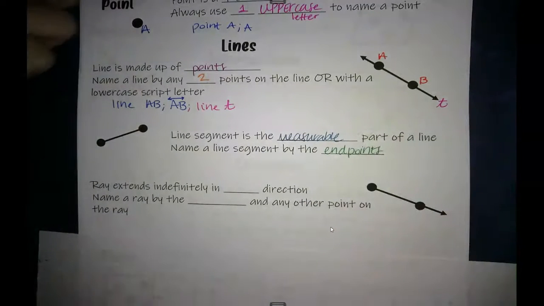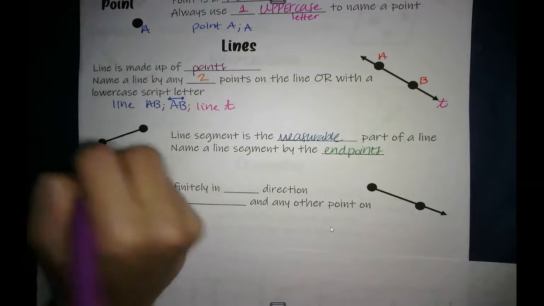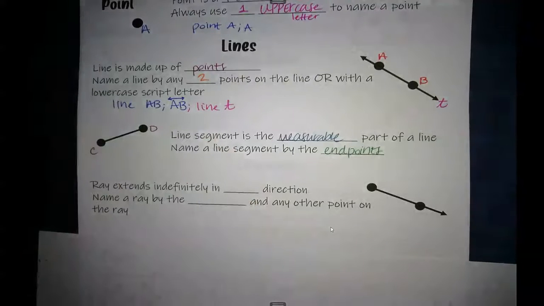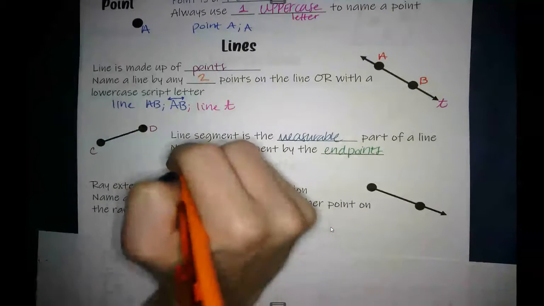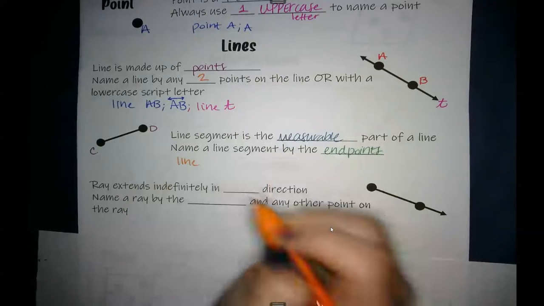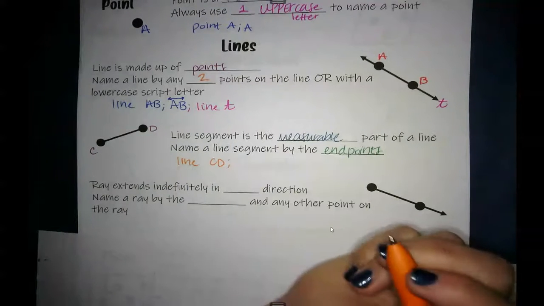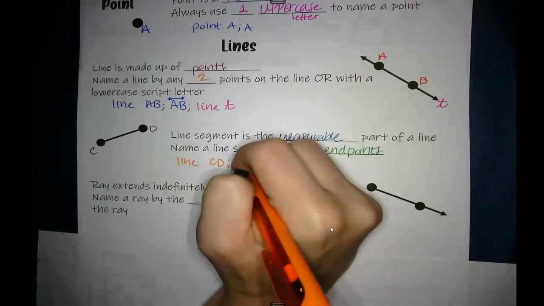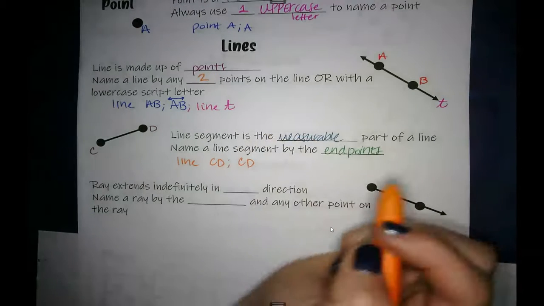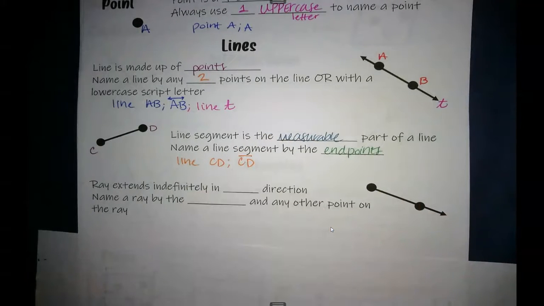So if this endpoint was C and this endpoint was D, then I would use those 2 letters. I could say line CD. I could also use CD and put just a straight line without the arrows on top of that.